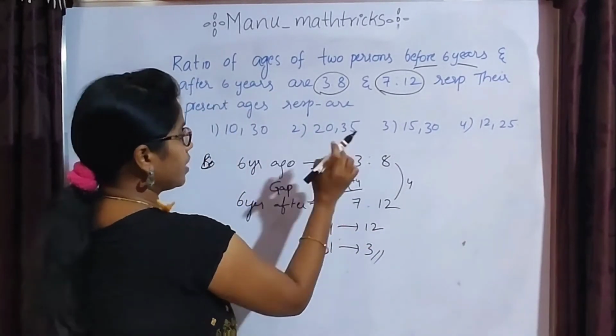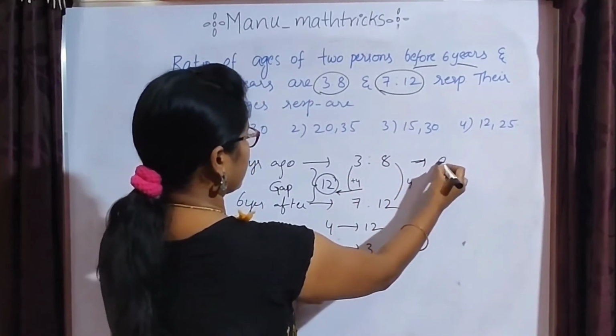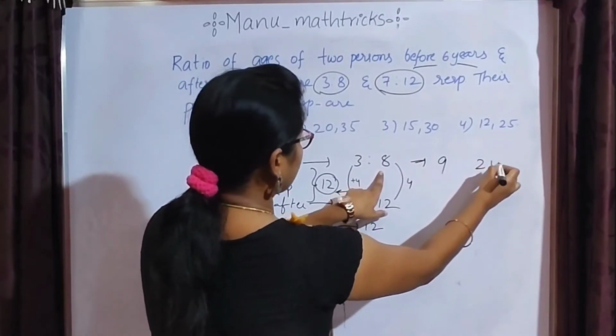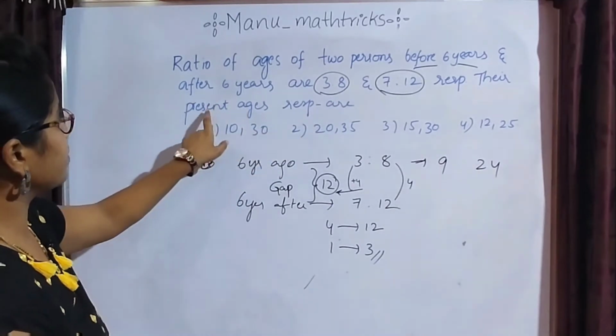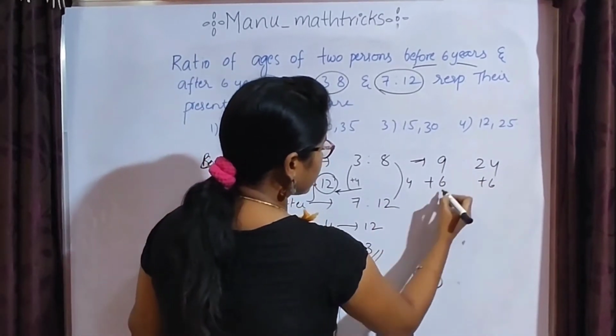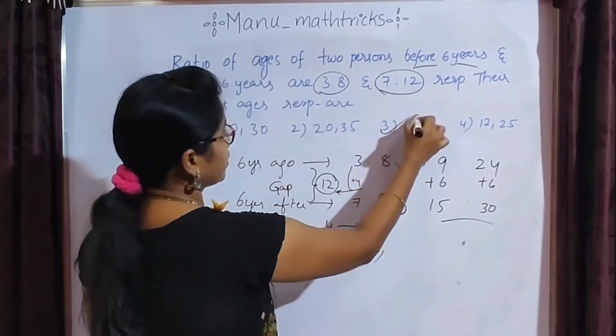Now 1 represents 3, it means 3 3s are 9, 8 3s are 24. These are the ages before 6 years, but he is asking the present ages. Then we should add plus 6. That is 15 and 30. That is the answer.